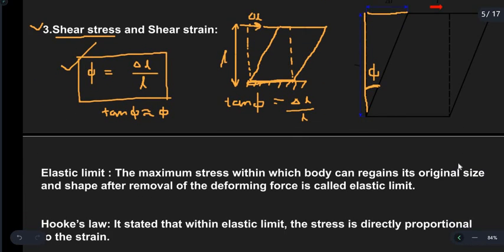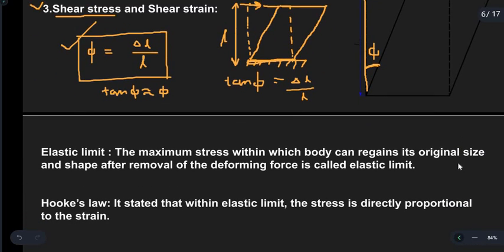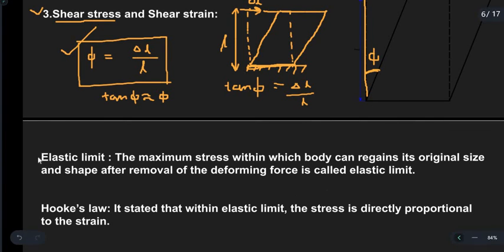Let's move on to the next part about elastic limit. What is elastic limit? This is the maximum stress within which a body can regain its original size and shape after removal of the deforming force. This definition will become much clearer when we interpret the stress strain curve. But elastic limit is the limit of stress, the maximum stress.